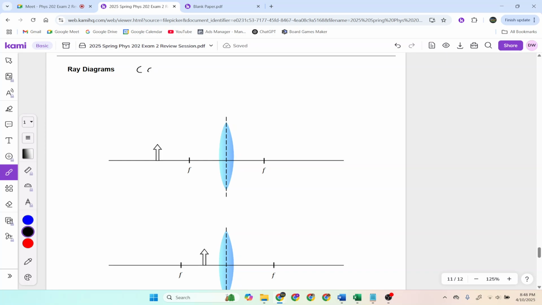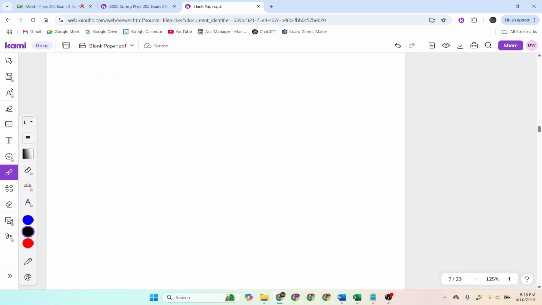So all the rules I'm about to say are specifically for a converging lens. I'll explain what to do for the diverging lens. Don't worry. So step 1, let me just write this over here. It's about to be a mess. Step 1, you're going to draw a straight line, then bend through the right focal length F. Maybe you didn't know this.